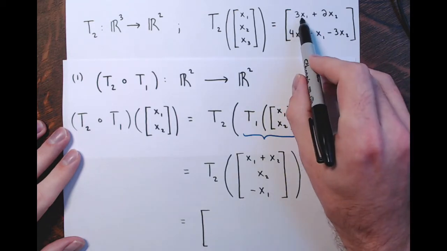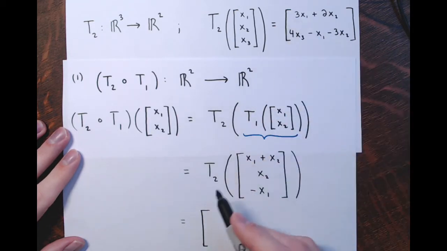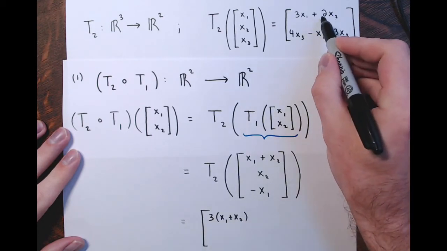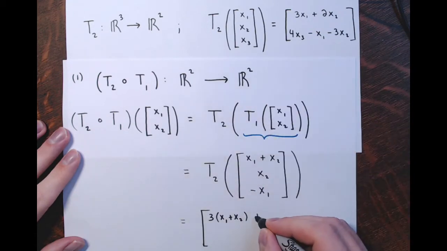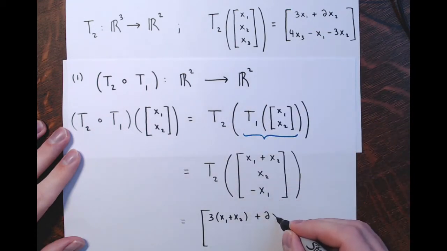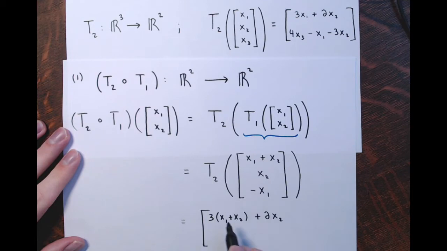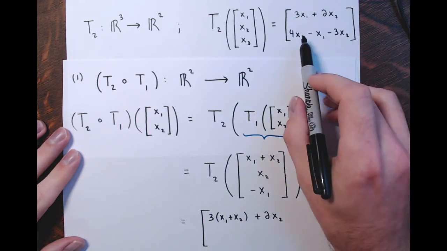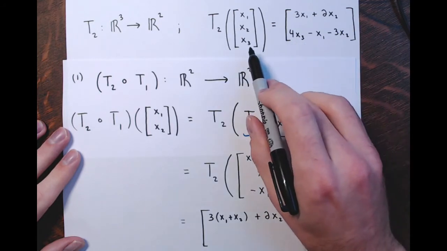So in the first one here, it would be 3 times the first component. So 3 times this quantity x1 plus x2, plus 2 times the second component, right? Plus just 2x2. And I'll simplify this in a second. Then the second component is 4 times the third component of the input.